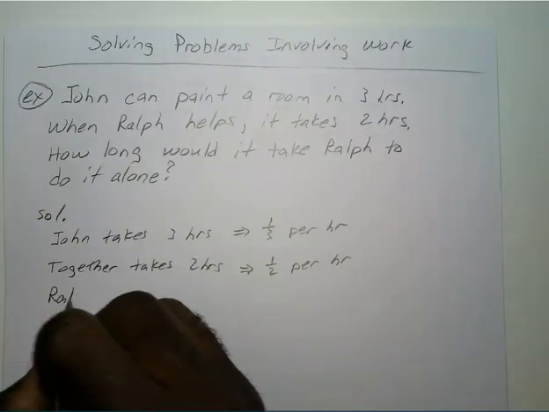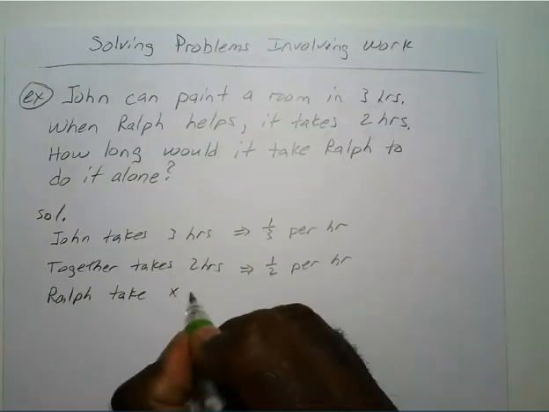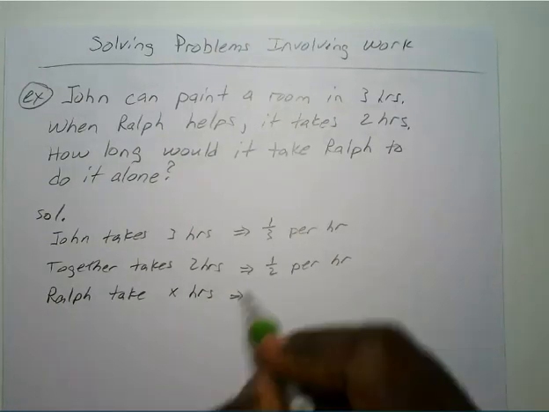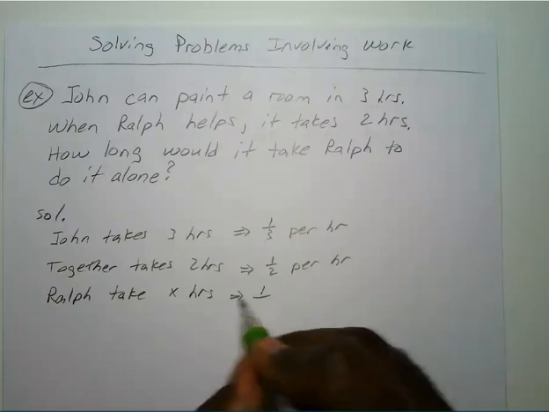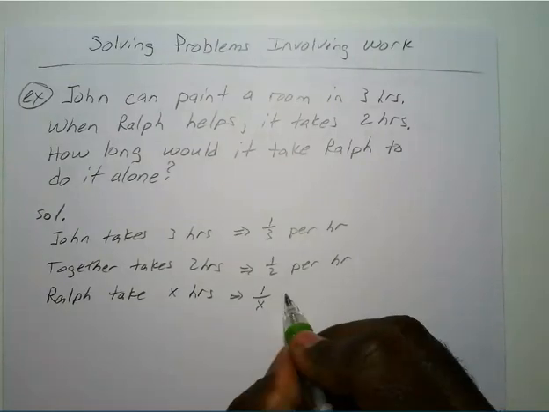Now Ralph takes some unknown number of hours. That means he does 1 over that unknown number of hours of the room per hour.